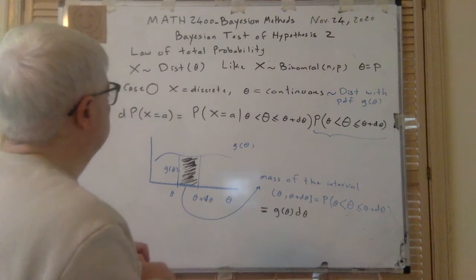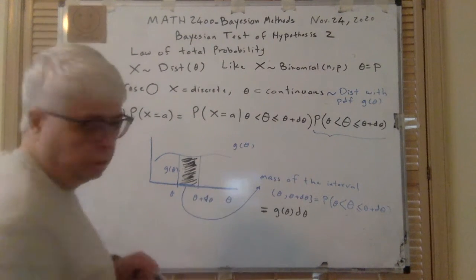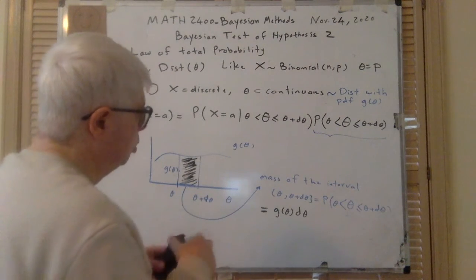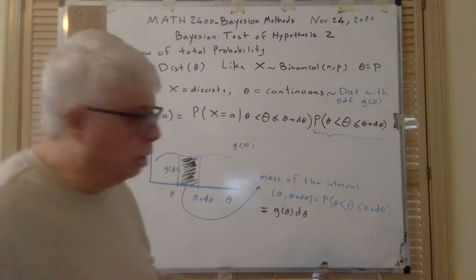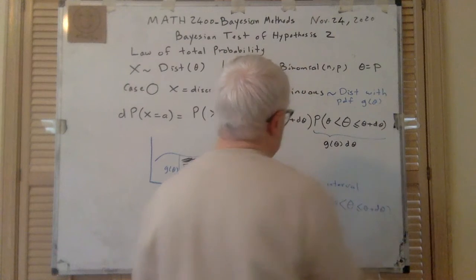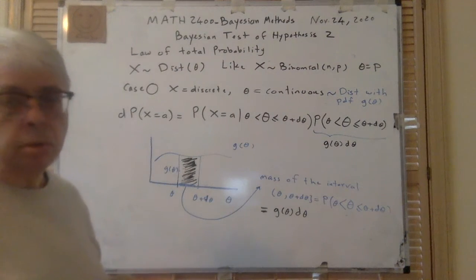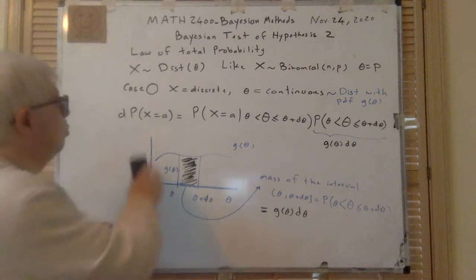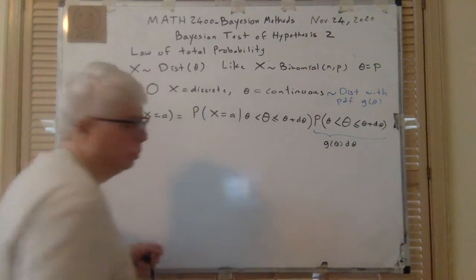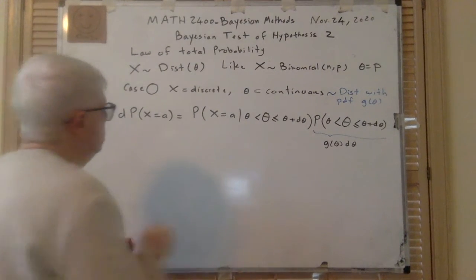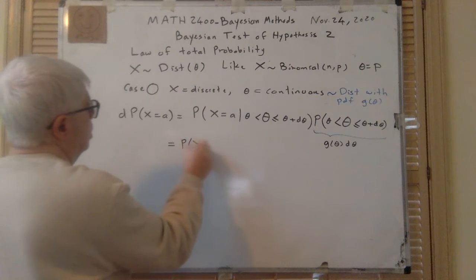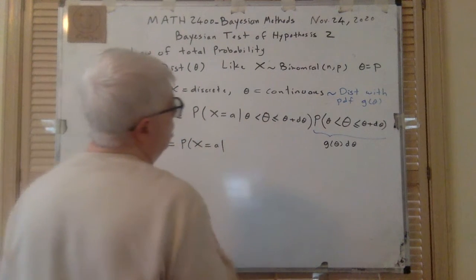so what do I have here? Let me erase this and write it in this format. This thing here is in fact g theta d theta. So we have a differential, and integrating this differential will give me the total. So this equals P of X equals A, given theta equals theta.